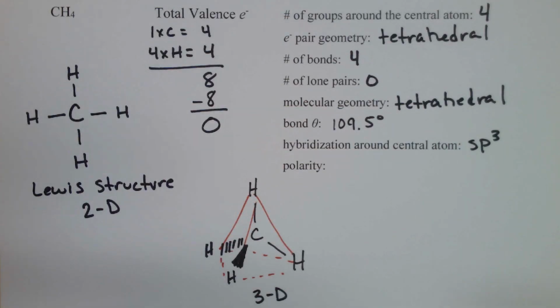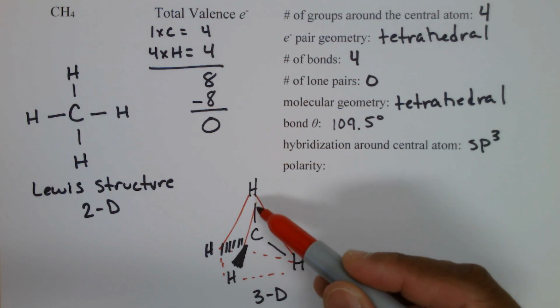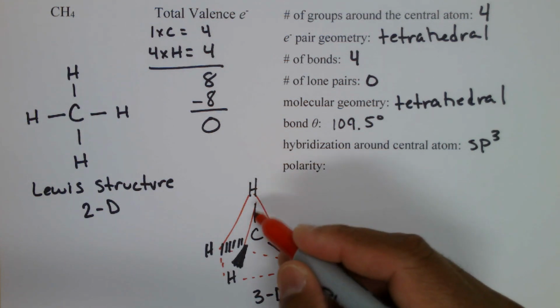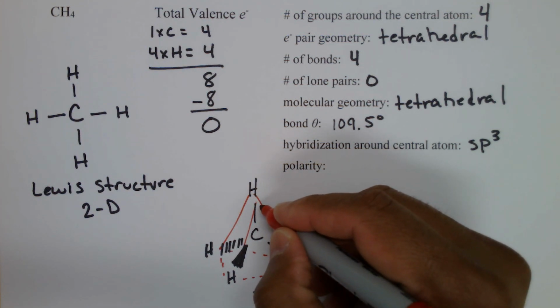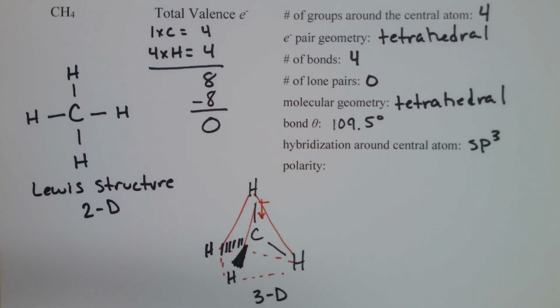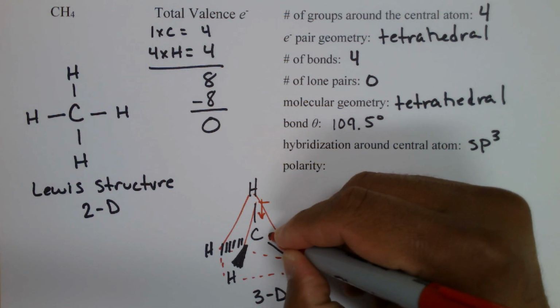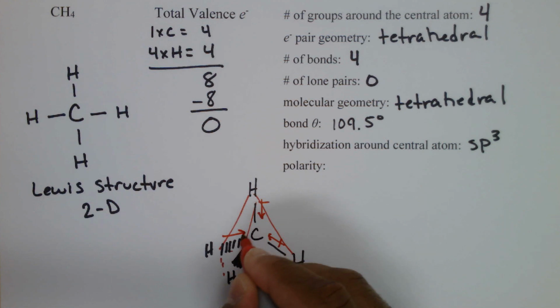So this carbon atom is actually withdrawing some of the electron density from this bond here. And so that's going to make this bond slightly polar. So we're going to draw a dipole, very small one, going to carbon. And as you can imagine, we have the exact same dipoles from the other bonds.